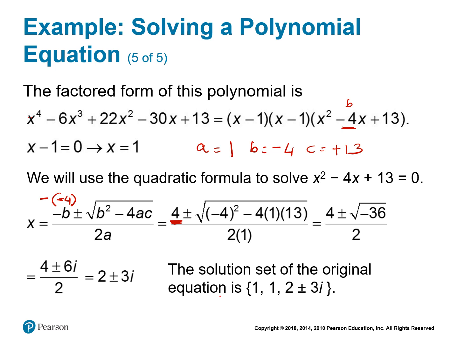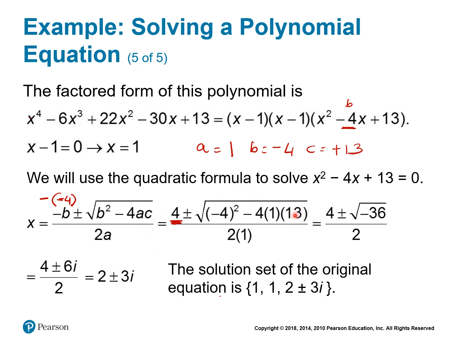And then plus minus the square root of negative 4 squared. Again, please use your brackets around the b, the variable that you're plugging in, negative 4 squared, minus 4 times a is 1, and c is positive 13.